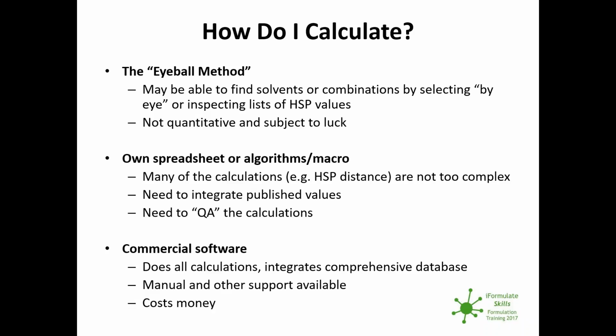It's not impossible. And then, of course, commercial software, which is probably the easiest way of doing things, does all the calculations, integrates a comprehensive database of HSP values, manuals and other supports available. But of course, it costs money, not a huge amount of money, but requires some investment in software.